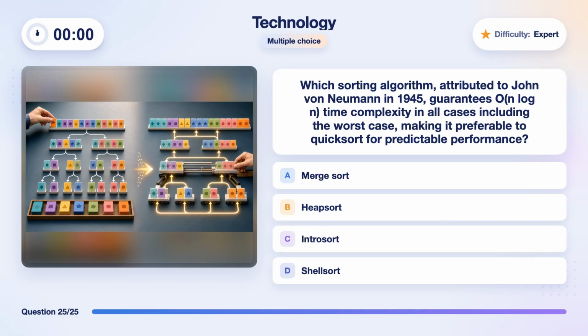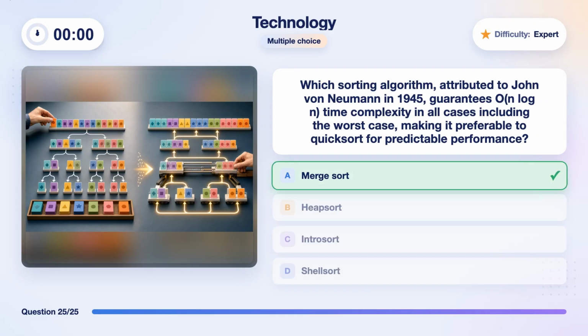Now we find out. It's exactly merge sort. Merge sort, invented by John von Neumann in 1945, is a divide and conquer algorithm with O(n log n) time complexity in all cases. Best, average, worst. Quicksort degrades to O(n squared) in the worst case, though O(n log n) average.